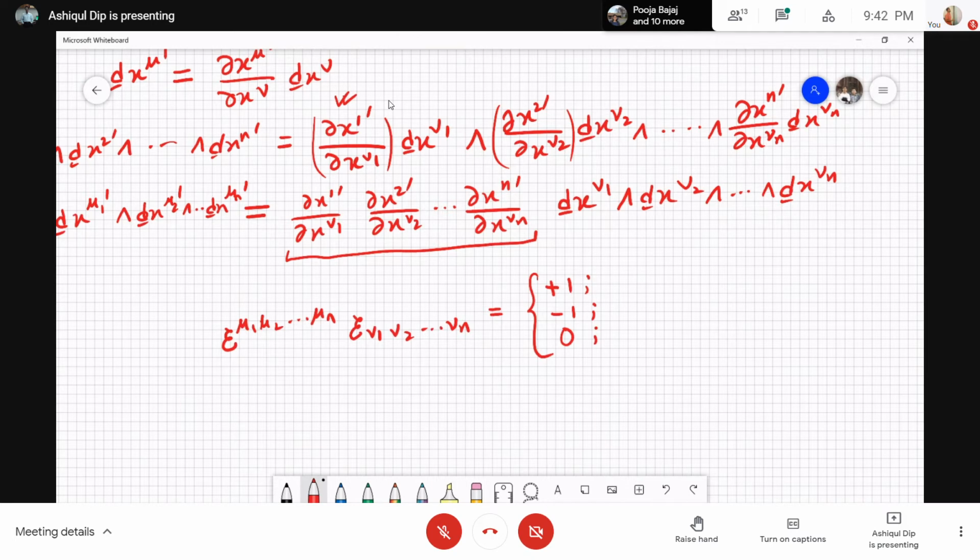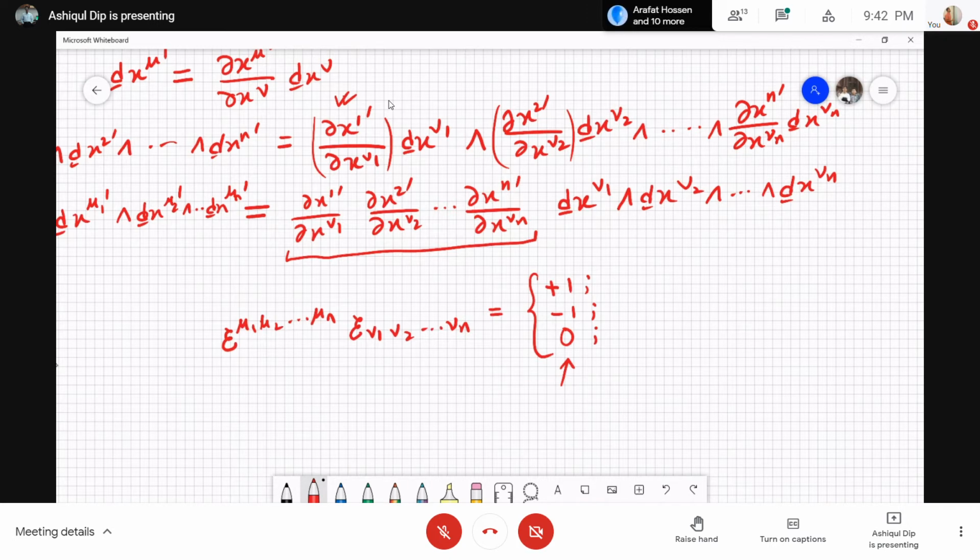So tell me, when do you get 0? When repetition happens in any of this permutation symbol. Okay, what else? I think the 0 case is the hardest one.